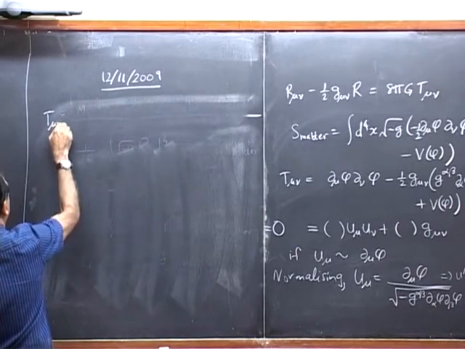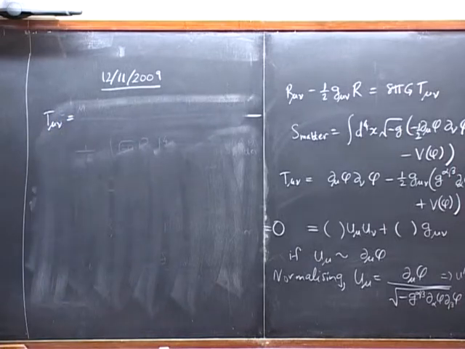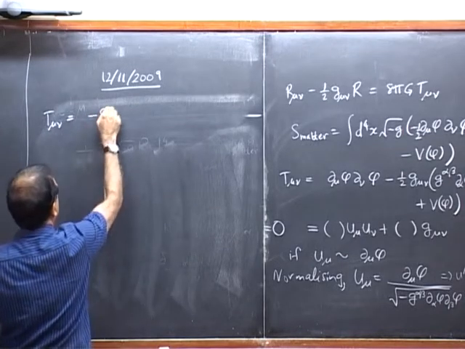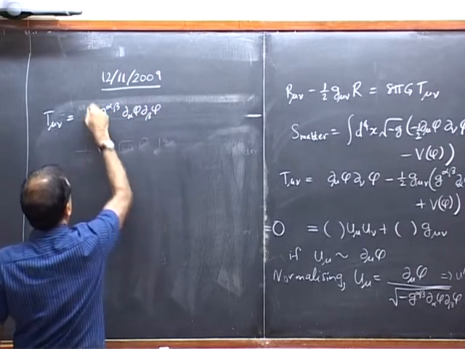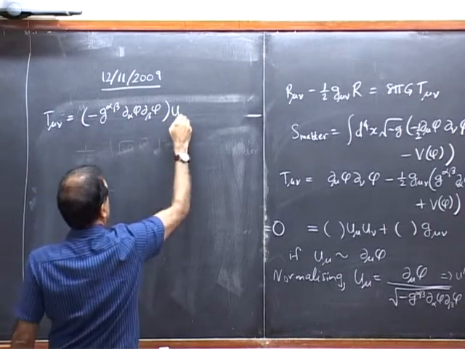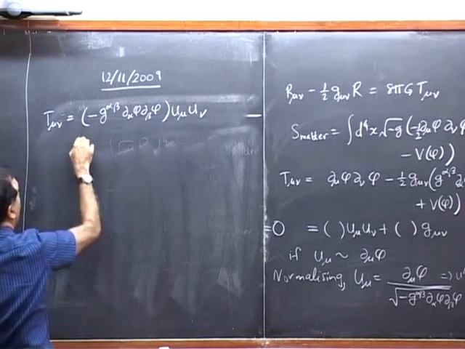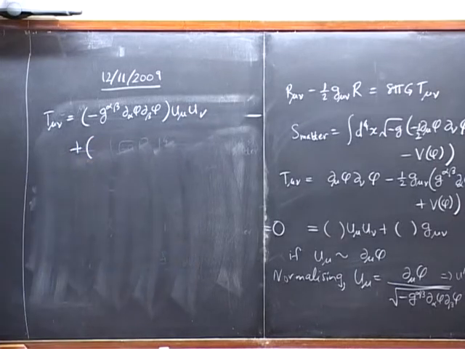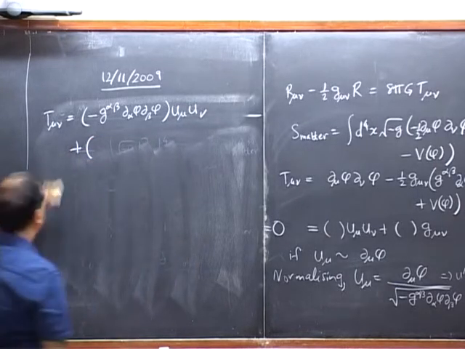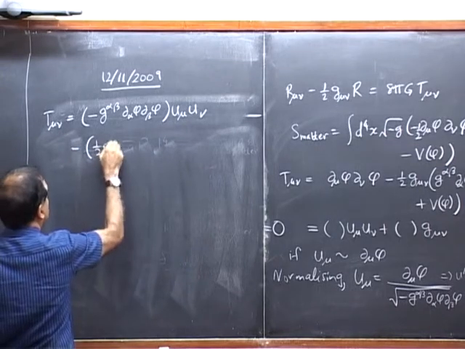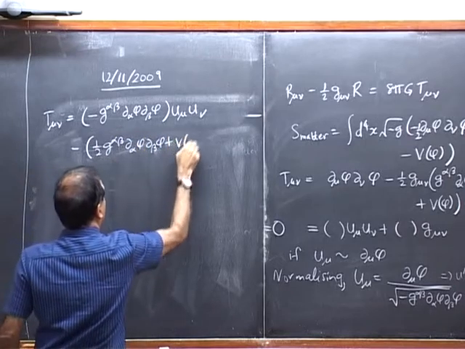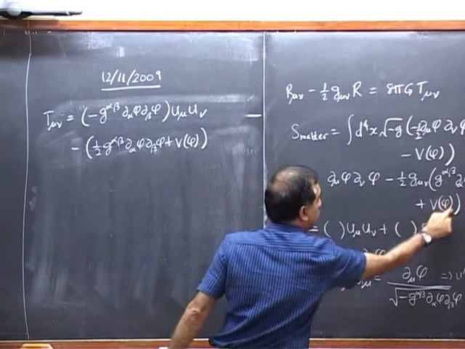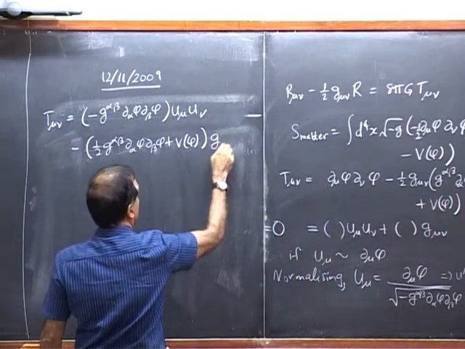And what I find is that T mu nu is writable as minus g alpha beta del alpha phi del beta phi, a scalar quantity, times u mu u nu, plus, rather again minus half, now I'm just copying a term from here, times g mu nu.